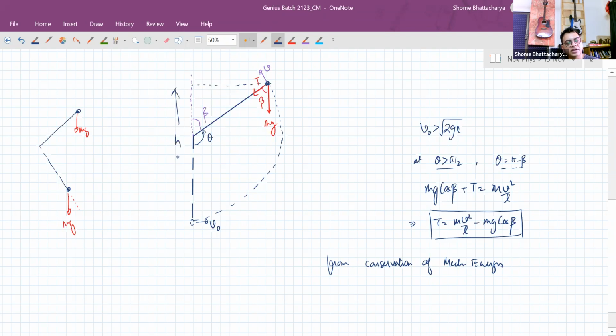We have to consider this height. So half mv square, the kinetic energy at this point, is the initial kinetic energy minus the gain in gravitational potential energy. So v is equal to square root of v naught square minus 2gh, but here h will become L plus L cos beta, because this much part is L cos beta.